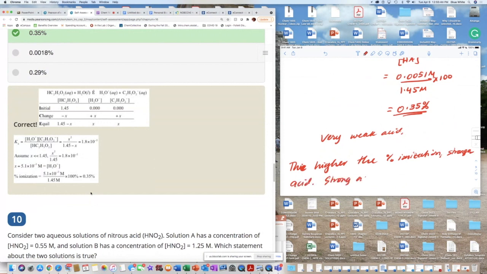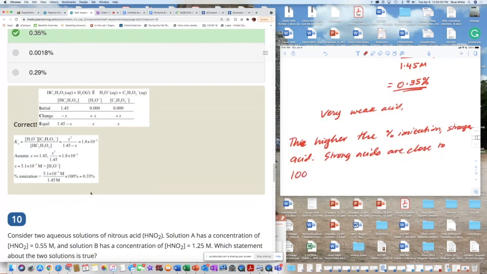Strong acids are close to 100% ionized. They do it 100. I'm trying to remain hip. Anyway, yeah, when they ionize 100%. Weak acids, they're called weak. This is not a derogatory term. They're just weak based on their ionization. They don't get to 100, right? Okay.